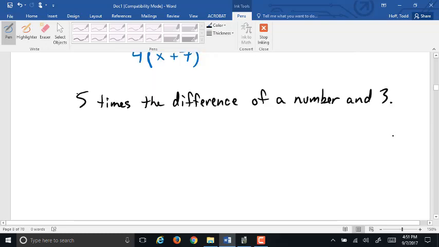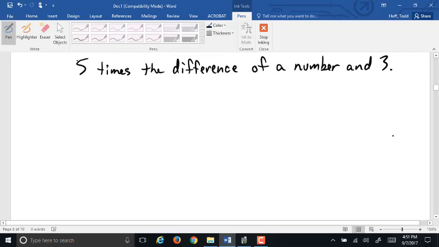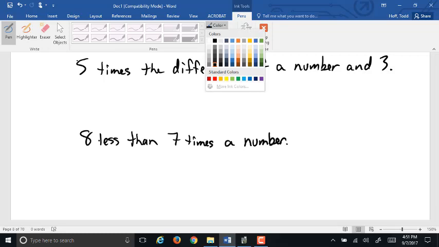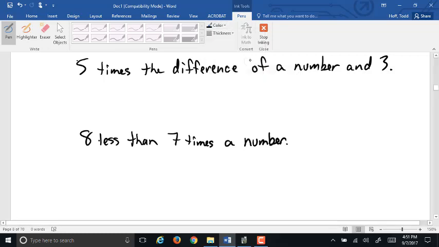If I give you 5 times the difference of a number and 3, and I'm going to give you 8 less than 7 times a number. Now, since my math lab is going to do this to you, my math lab can't recognize any letter as a variable.